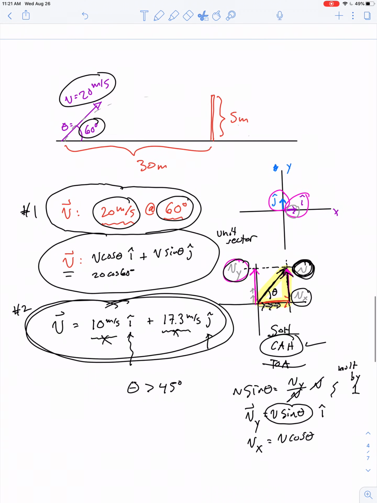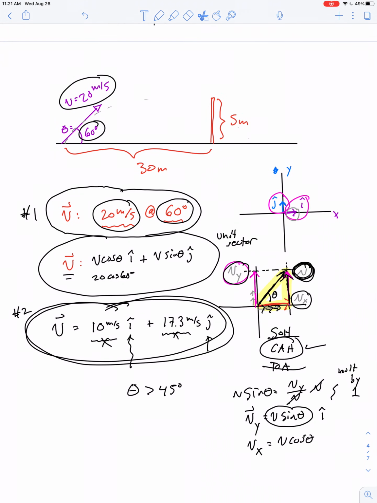Okay, so back to the picture. Well, we know when it gets to the fence, there's no guarantee that 30 meters is the range. There's nothing in the problem that says 30 meters is how far away it lands. In fact, it could be that it's rising, reaches its greatest height, and then hits the fence.